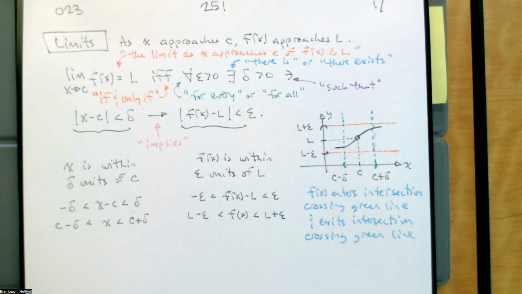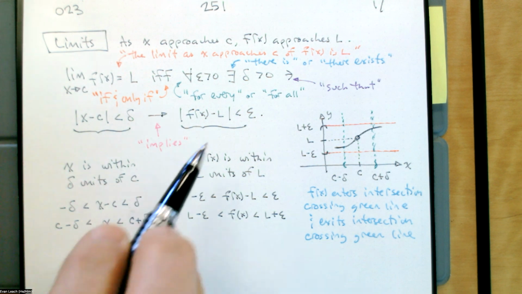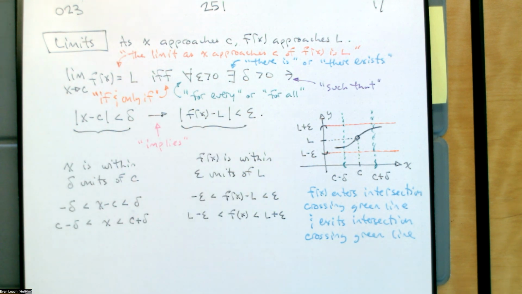If no such delta exists, if we cannot find a delta that makes this happen, then we say that the limit does not exist.